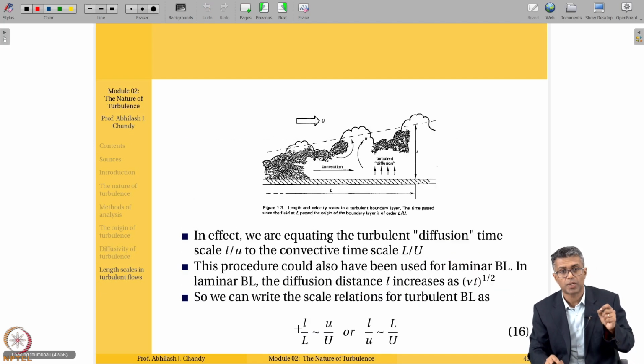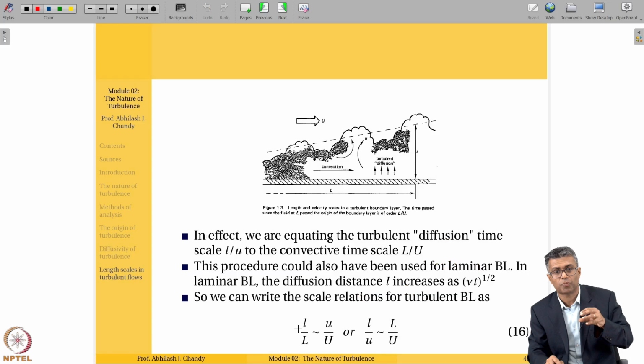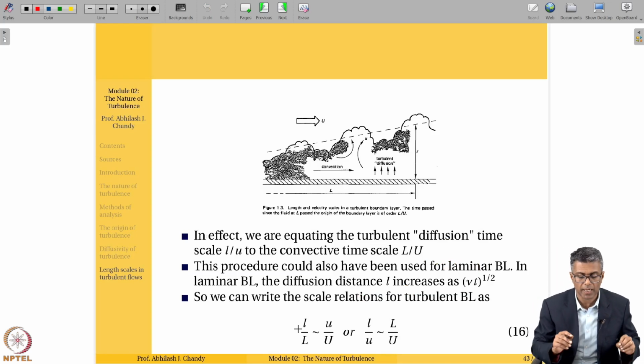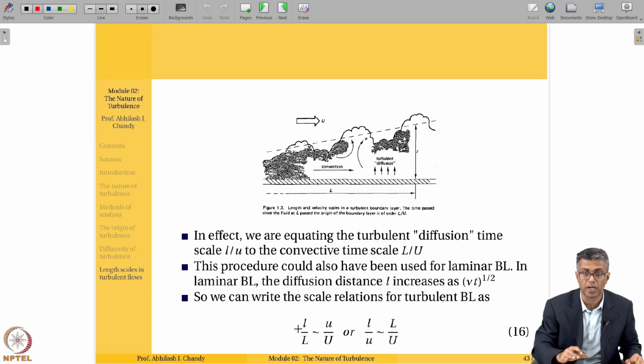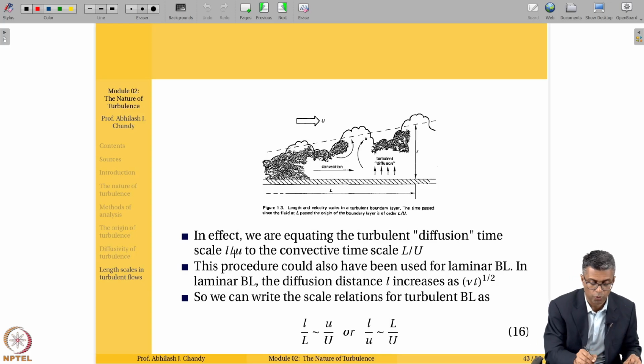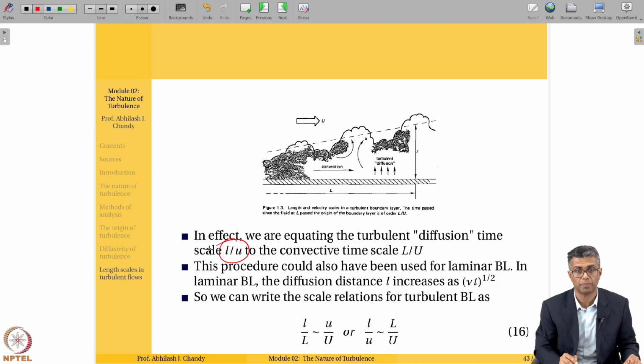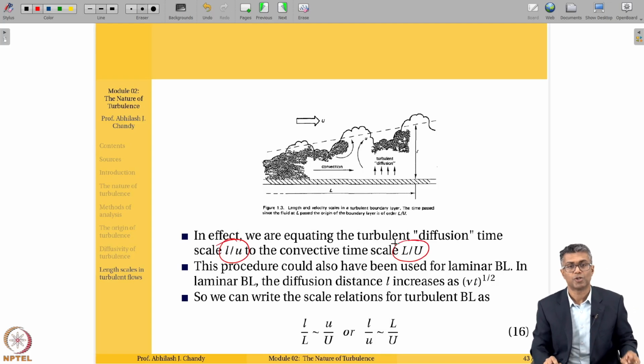So what we now have is small l is of the order of magnitude of uL over U. Now let's think in terms of diffusion time. Essentially we are equating the turbulent diffusion time to the convective time scale L over U. Earlier we looked at the diffusive length scale and the convective length scale.